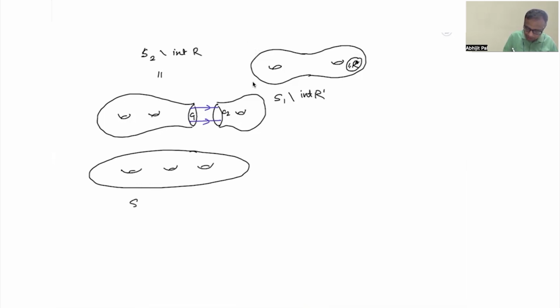So this is S3, a genus 3 surface without boundary.